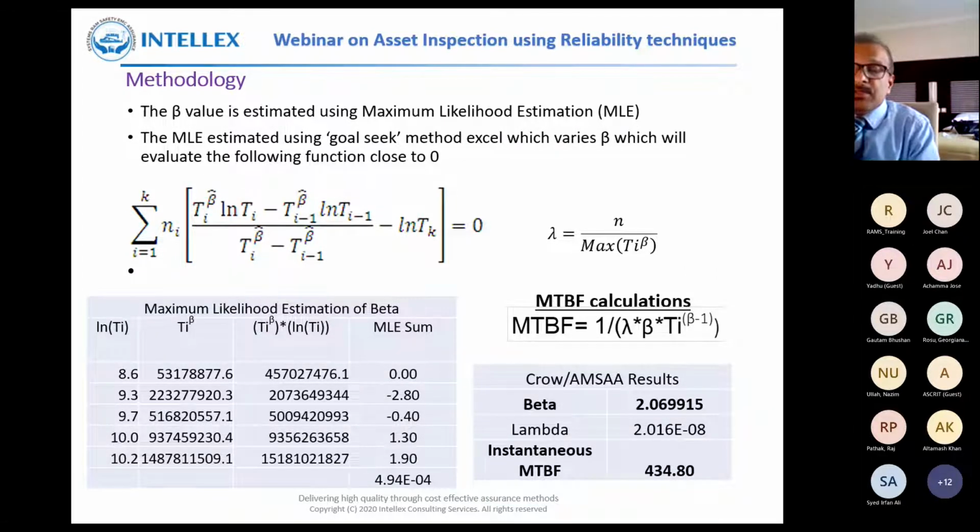I have a model, so how can I estimate that? This model, as I mentioned, is based on the curve from the number of failures and the intervals.